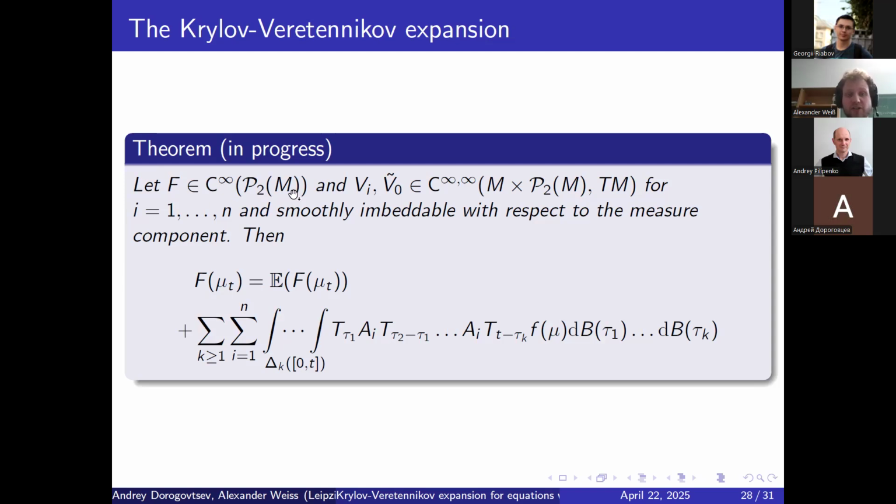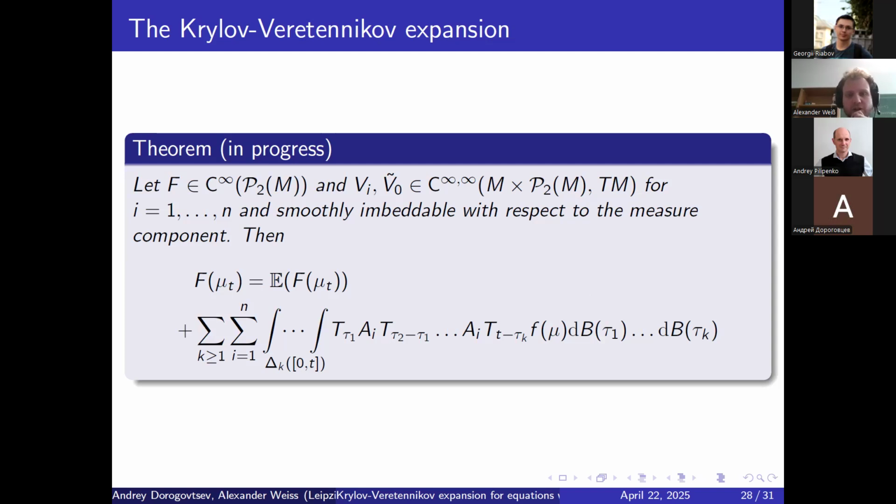If we have smooth functionals of the Wasserstein space and the driving vector fields of the SDE with interactions are smooth with respect to any component, and are smoothly embeddable, then we have such an E2 Wiener decomposition, which would be the Krylov-Veretennikov expansion, or actually, it would be if we could swap all the semigroups, but as I said, we cannot reproduce this argument due to the lack of linearity on the Wasserstein space.